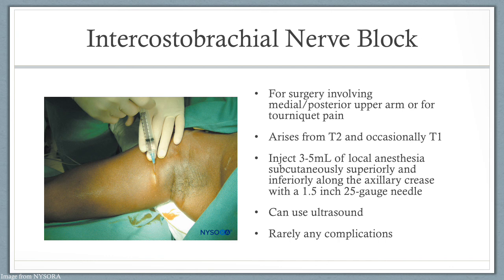You inject 3 to 5 milliliters of local anesthesia subcutaneously, superiorly, and inferiorly along this crease with a 1.5-inch 25-gauge needle. You are able to use ultrasound in order to visualize the nerve better, and this nerve block is great because there are rarely any complications.